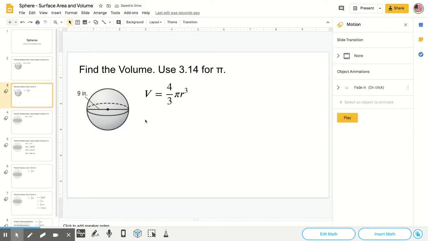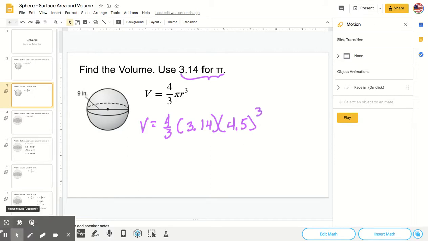The volume formula is more complicated. Volume is 4/3, but this time I'm going to substitute 3.14 in place of pi because they told me to do that. My radius, again, is 4.5 cubed. And I will absolutely want to have access to a calculator for this problem.